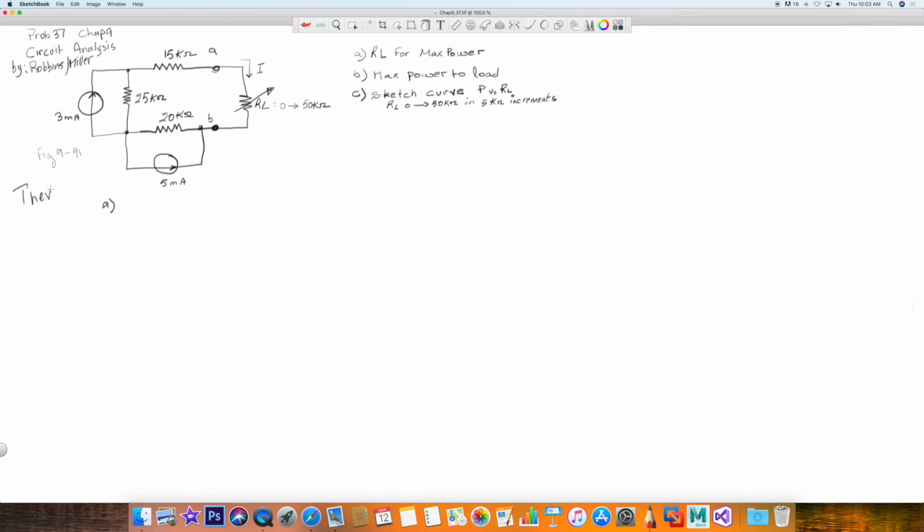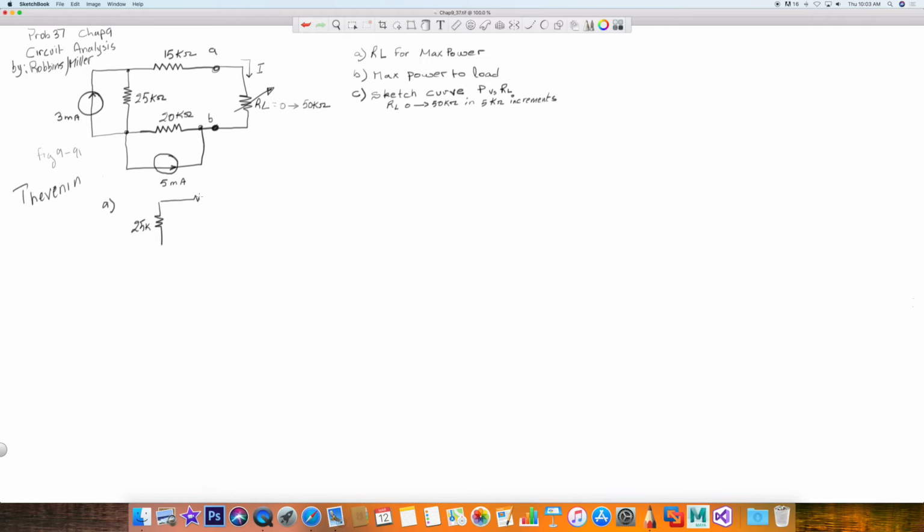So if you're doing Thevenin, it is important that you open the current sources and short the voltage sources. So in our case, we have two current sources. Just open them. So what we effectively have is a circuit that looks like this. So this is your 25K here.